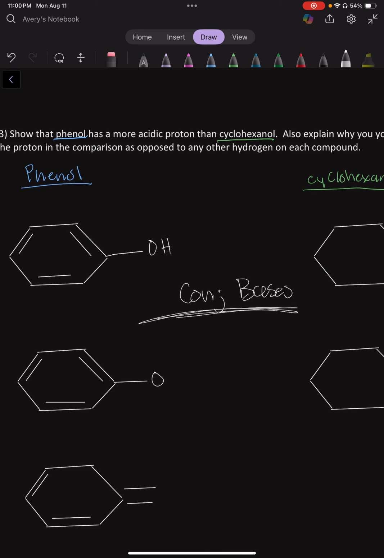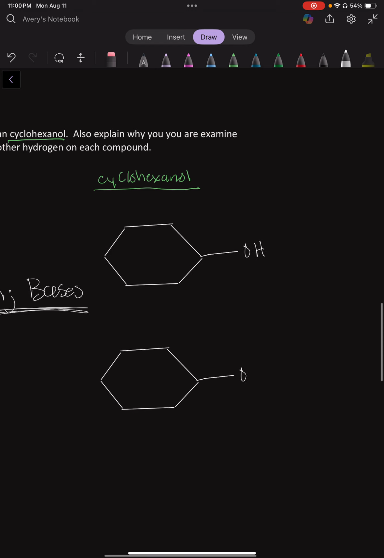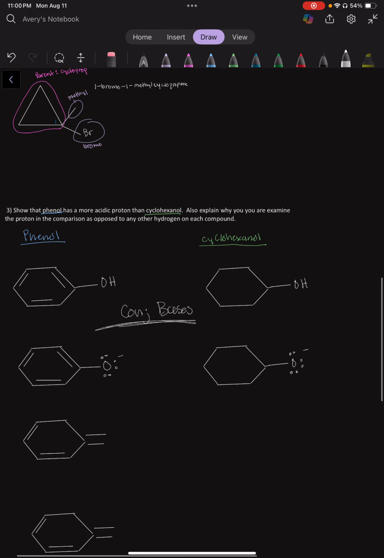We lose our protons, so we have an oxygen that looks like this, and an oxygen that looks like this. Since we have the same size molecule and the negative charge is on the same type of atom, in this case an oxygen, we need to look at resonance structures.